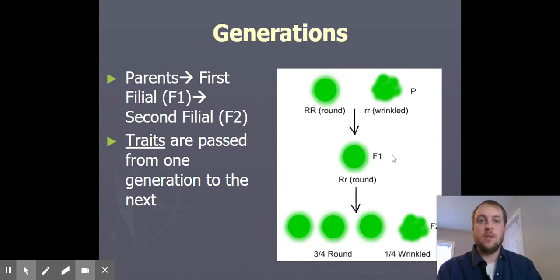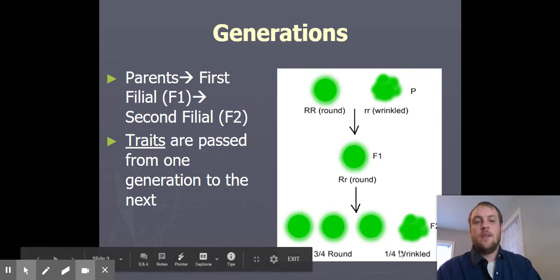There were no wrinkled peas at all. But then he took two plants from this first generation, crossed those, fertilized those pea plants, and then he came to realize that the wrinkle-shaped peas came back.